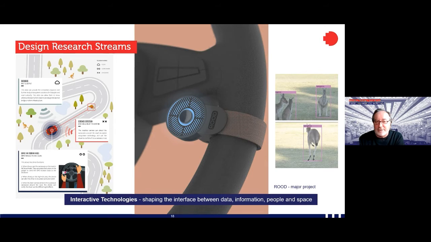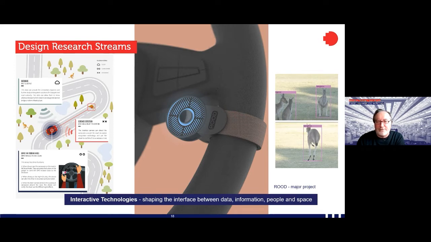And so she did a whole series of projects on driver behavior and came up with this device that not only monitors where you are and gives you real-time information, whether you're in a hotspot, it also allows you as the driver to add to the system.